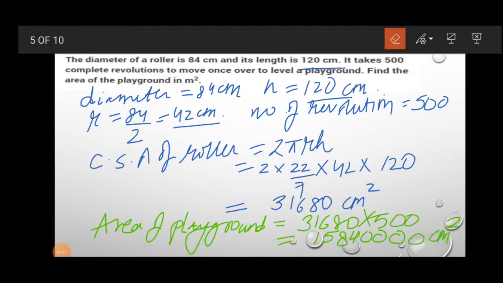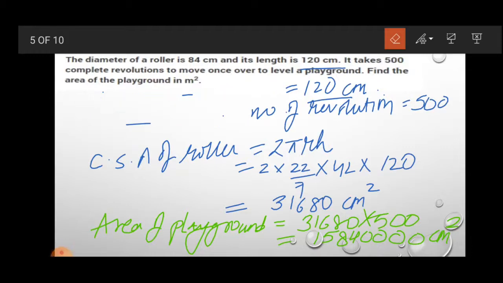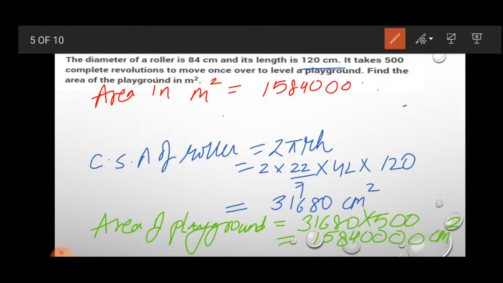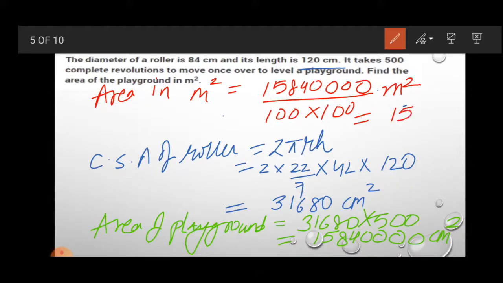Now convert the area of playground into meter square. Now area in meter square is equal to 1,58,40,000 divided by 100 into 100. Meter square is equal to 1584 meter square.